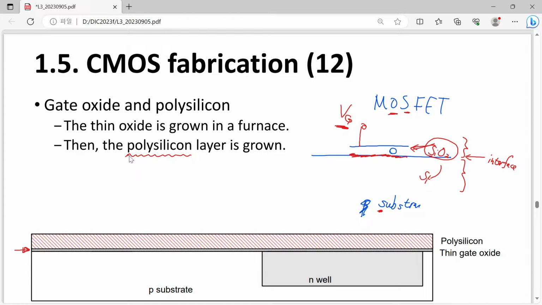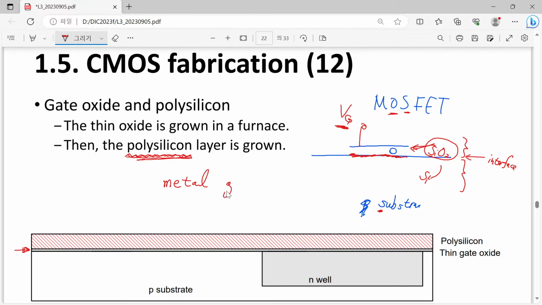The polysilicon is shown here only because this lecture material is based on somewhat old technology. Right now, instead of this polysilicon gate, we are using a metal gate. Please understand the outdatedness of this presentation material.